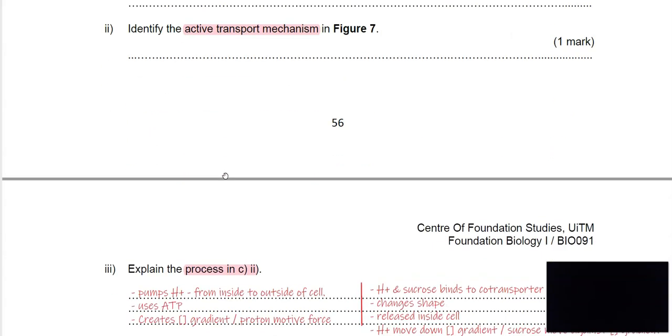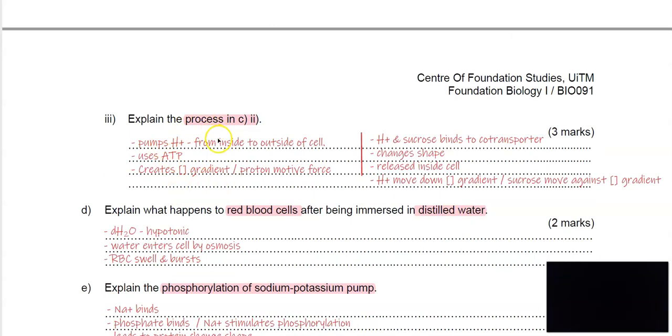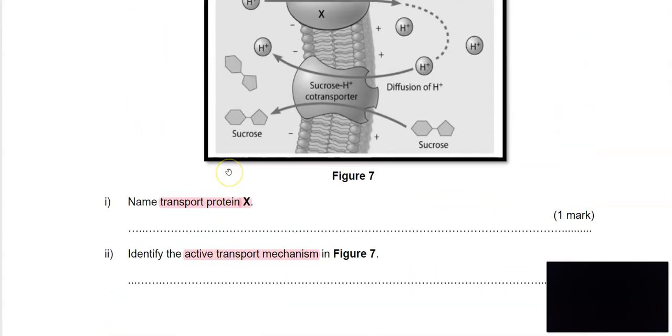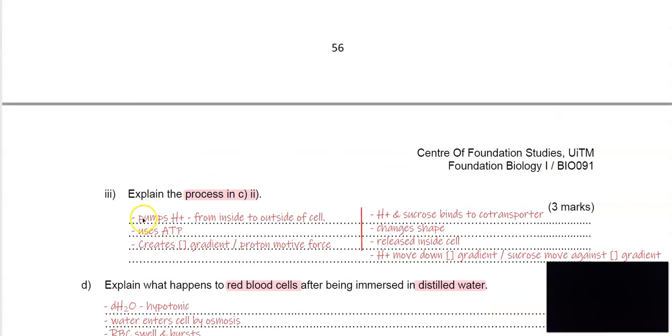Okay, so the question: explain the process in C2. I've already explained the main points, which involve proton pumps that pump hydrogen ions from inside to the outside of the cell.